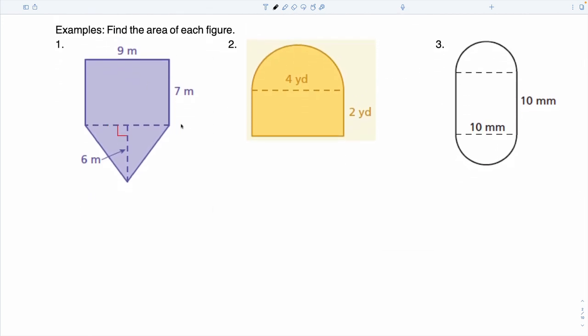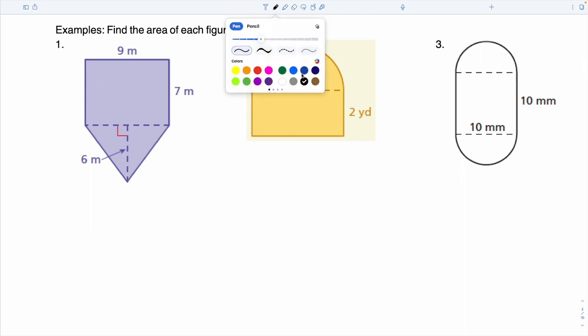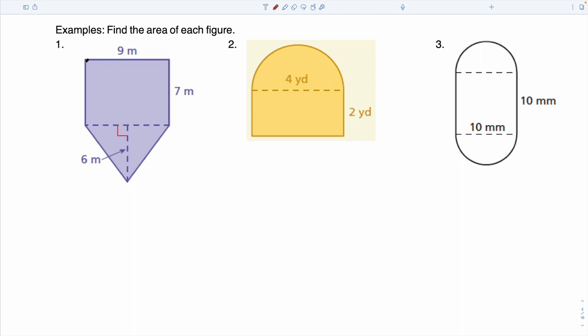Looking at this first one, what 2 shapes do you see, Abby? Great. Let's outline one of them with your pencil. I'll do this. This is a rectangle because 2 sides are different. Same formula though. So let's do the square first, or the rectangle.